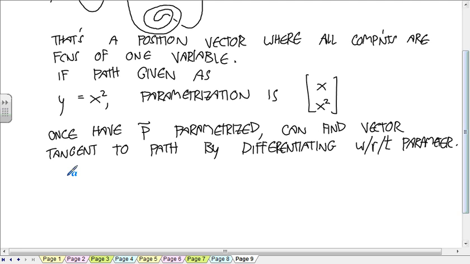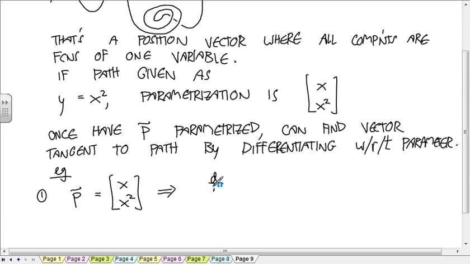For example, if your position vector is (x, x squared), then your parameter is x.